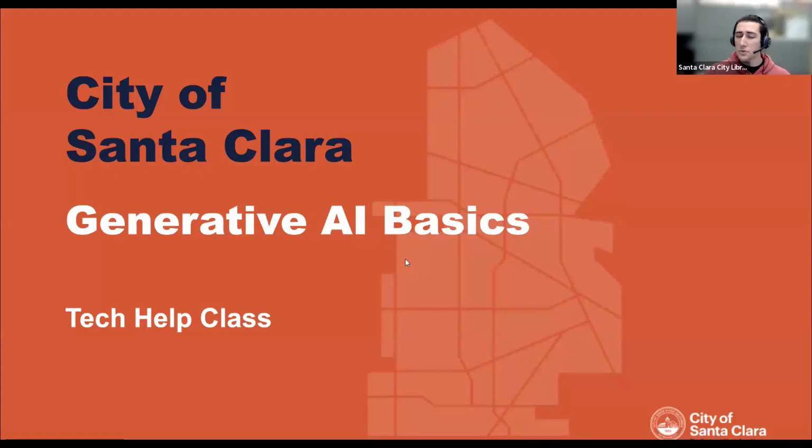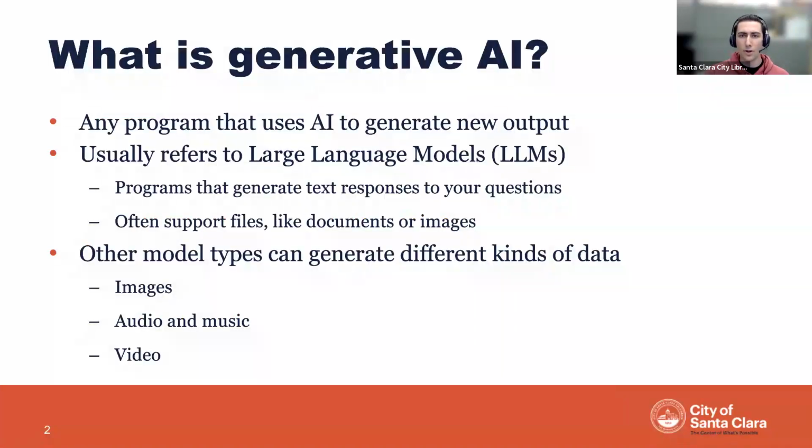Okay. So just to briefly cover what generative AI even is, broadly speaking, it's any program that uses AI to generate new output. But typically, this will usually refer to what's called large language models, or LLMs. And these are specifically programs that generate text responses to text questions.